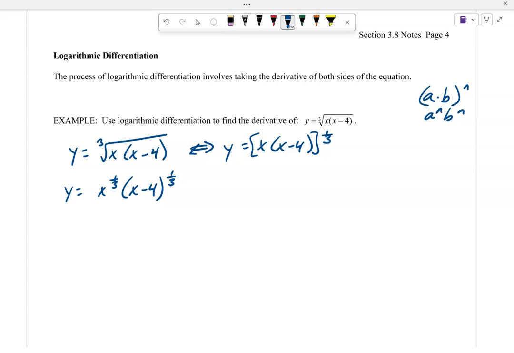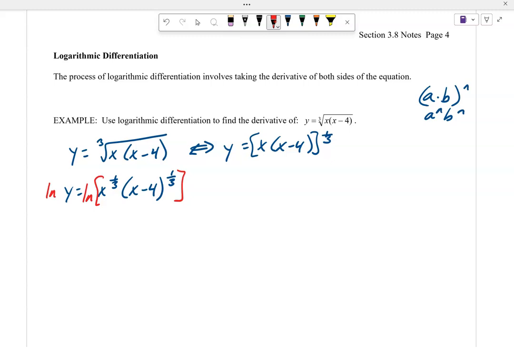Okay. Now, what we're going to do here, and again, recognize that yes, you could use the product rule at this point, but we're going to practice using an alternate approach, which is called logarithmic differentiation. So we're going to take the natural log of both sides here.